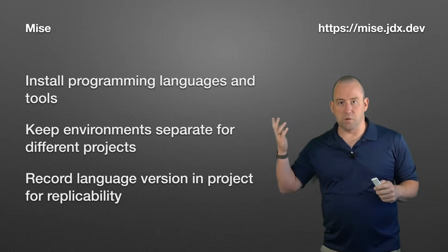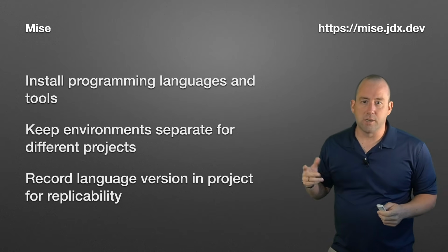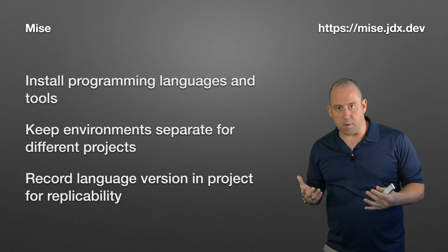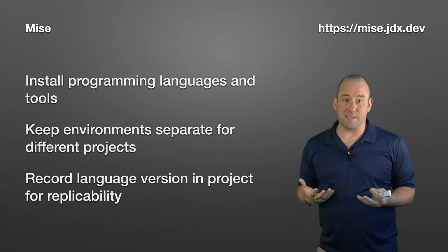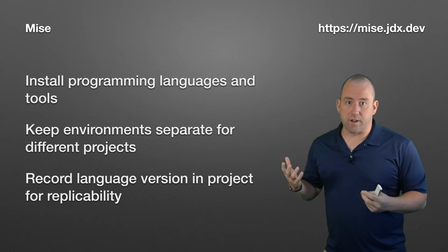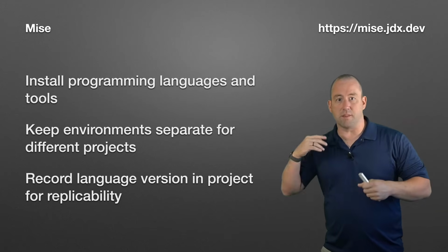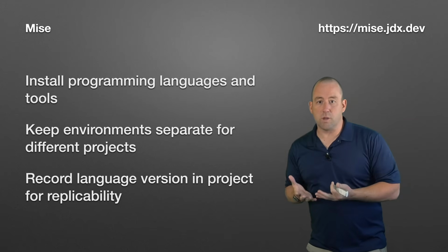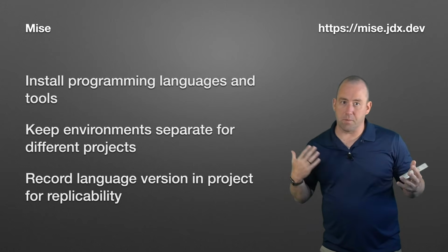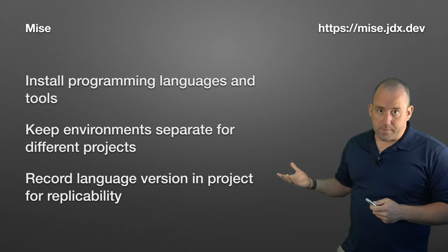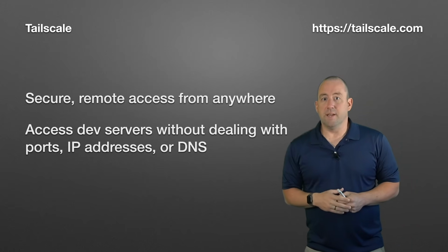But this is one tool that works for pretty much every programming language and allows you to install programming languages and programming dev tools and keep those environments separate, and then keep information about the programming language, environment, the version number, and all that stuff in with the project so that it's very easy to get up and running on a different machine using mise there as well.